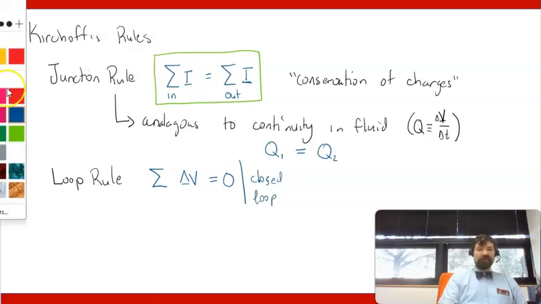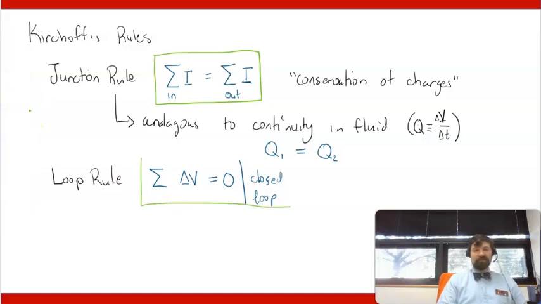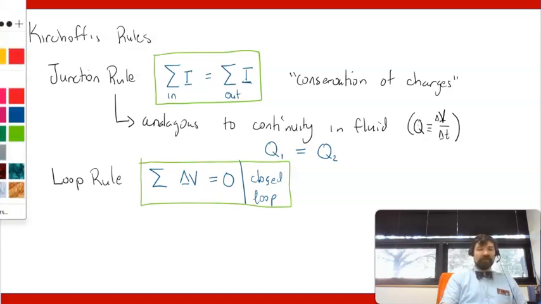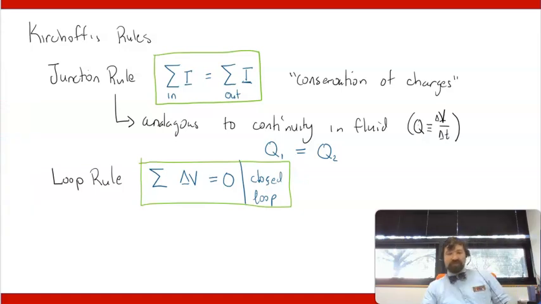And that's maybe also a boxable equation, because that is the loop rule stated. So what is this analogous to, and what is it based on? Well, this is actually energy conservation. So the conservation law is conservation of energy.